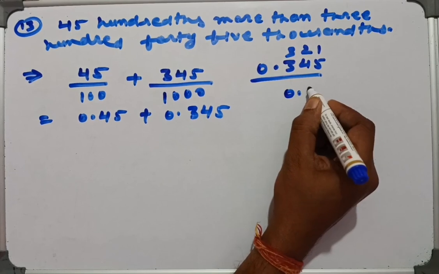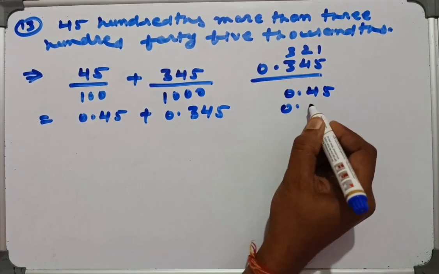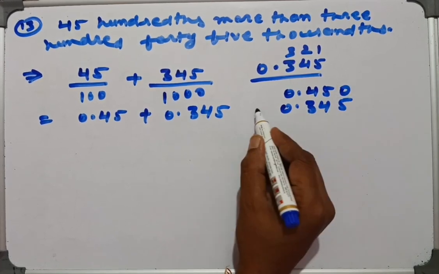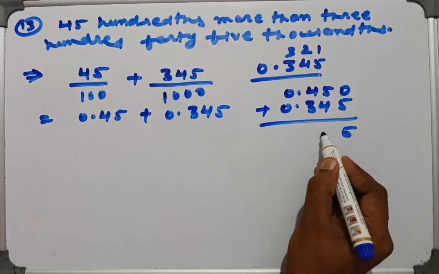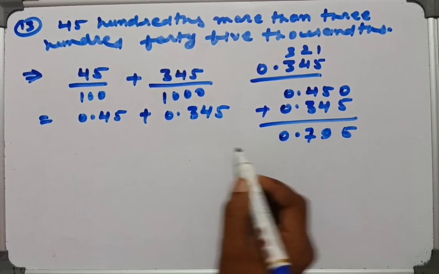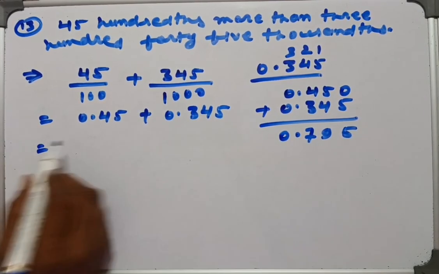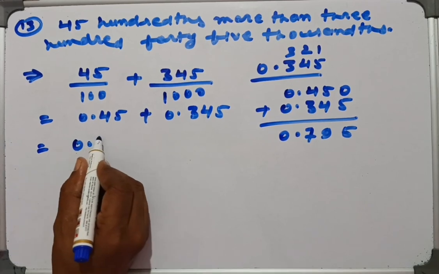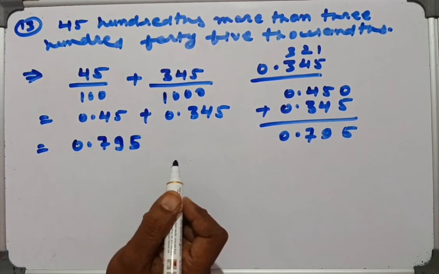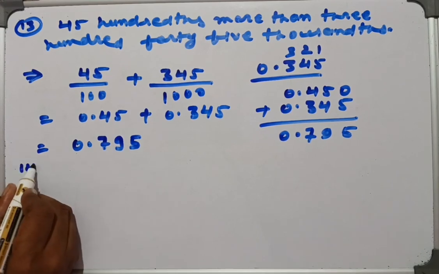So now this one is a simple addition. So write down here 0.450 and 0.345, put a zero here, then make an addition: 5, 9, 7, 0. So the final answer is 0.795. Okay, now question number 14.